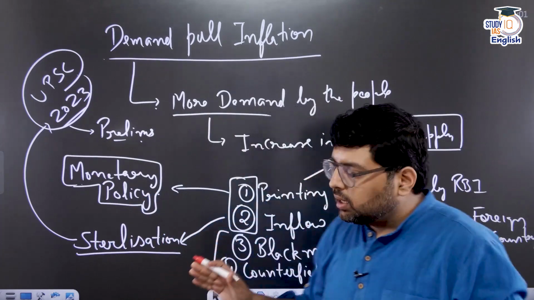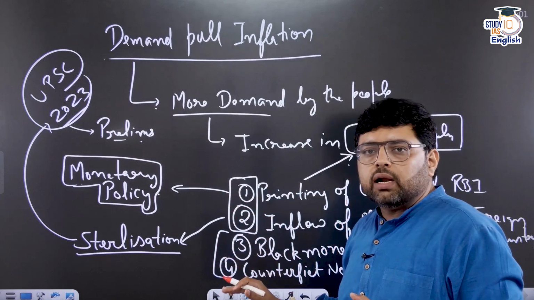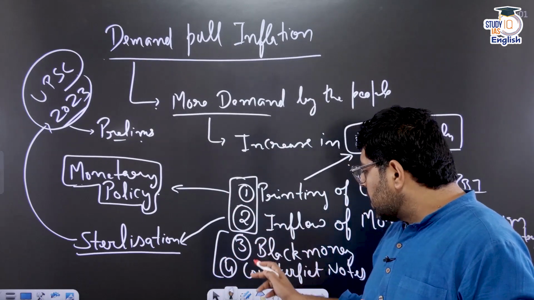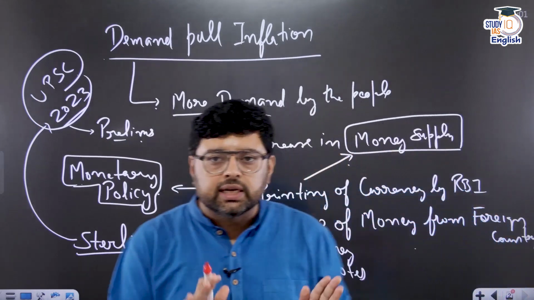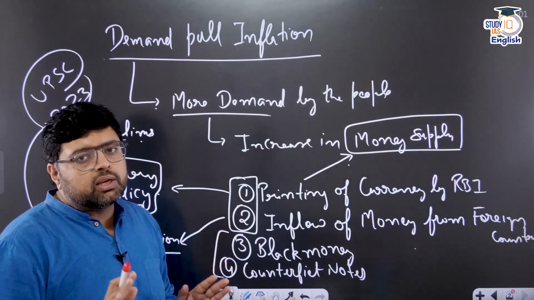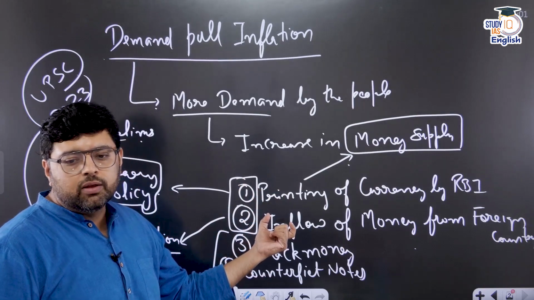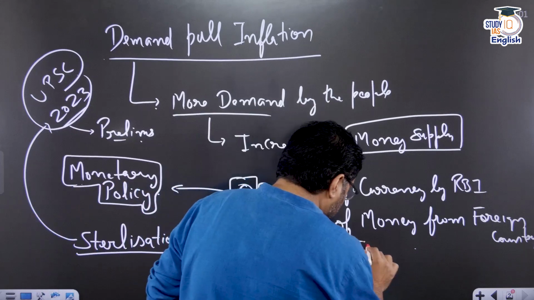But when you calculate M1, M2, M3, M4, they do not capture how much black money and counterfeit notes are circulating. M1, M2, M3, M4 only capture your printing of currency and inflow of money from foreign countries. They capture only this. Clear?